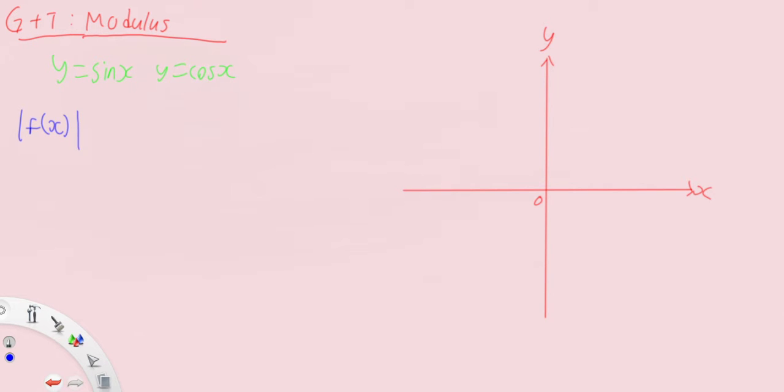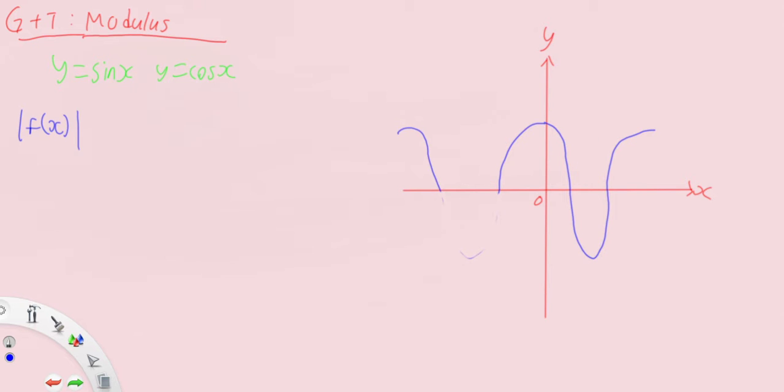Mod cosine x is actually the same thing, just slightly different. It's very similar to your quadratic graph, where instead of having the part at the bottom, you now reflect this bottom part on top. So instead of this way, you'll be doing this way, and it looks like a very badly drawn W, but that will be the mod cosine x.